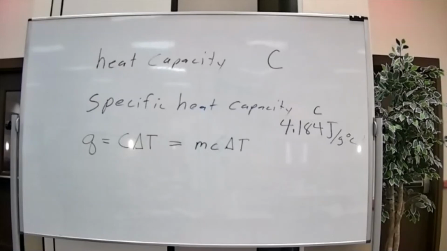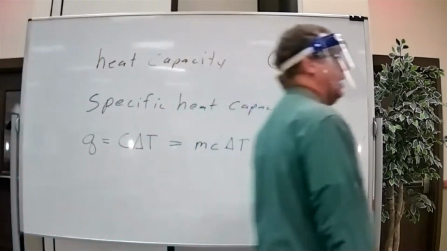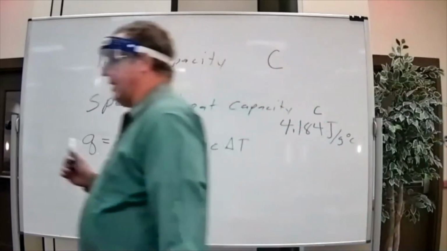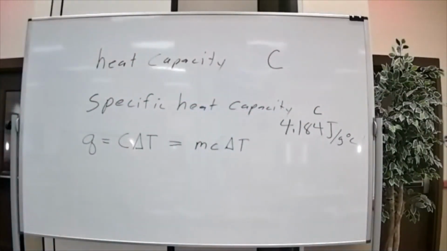Now, I will tell you, when you look at food calories, the calories that you see in food are actually kilocalories. You know, for people on diets and everything, the calories in a candy bar are really kilocalories, right? If you read the nutrition information, those calories that we see in food are actually 1,000 calories. And the calorie is the amount of energy to increase 1 gram of water 1 degree Celsius.